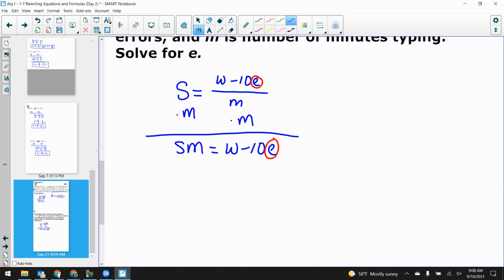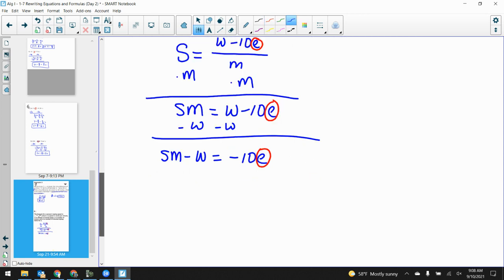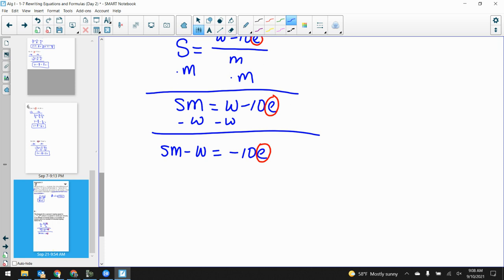What's the next step to solve for E? Danielle? Subtract W from both sides. So we've got SM minus W is equal to negative 10E. Still solving for E. Finish it off. What do I do? Divide by negative 10.